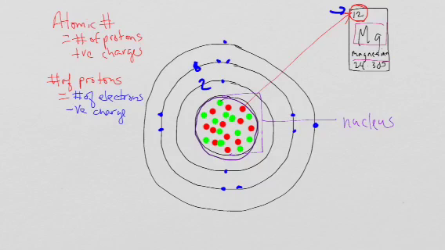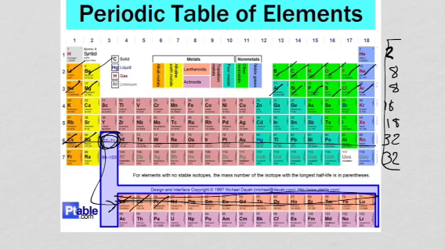So if ever you're unsure of how many electron shells you're supposed to have in an atom, who knows, you may have to draw an atom. If you're unsure as to how many electron shells are supposed to be there, find your atom on the periodic table.